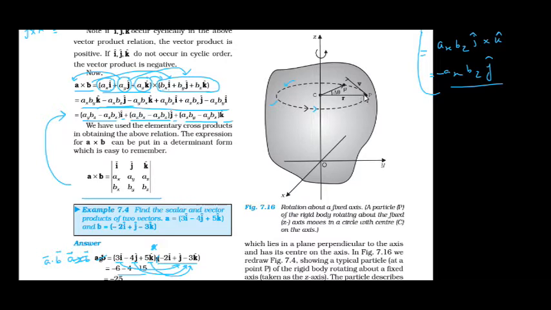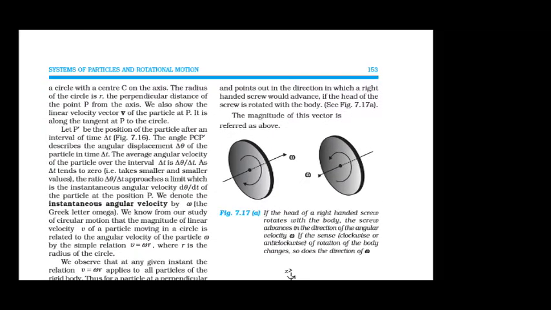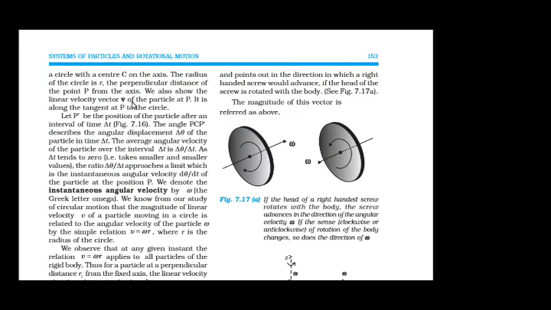Its center is C, and the position vector is delta R. Here its velocity vector is v at P, and it makes an angle delta theta after a time dt. So what we mean to say is, the circle with the center C on the axis, the radius of the circle is r, the perpendicular distance of the point P from the axis.